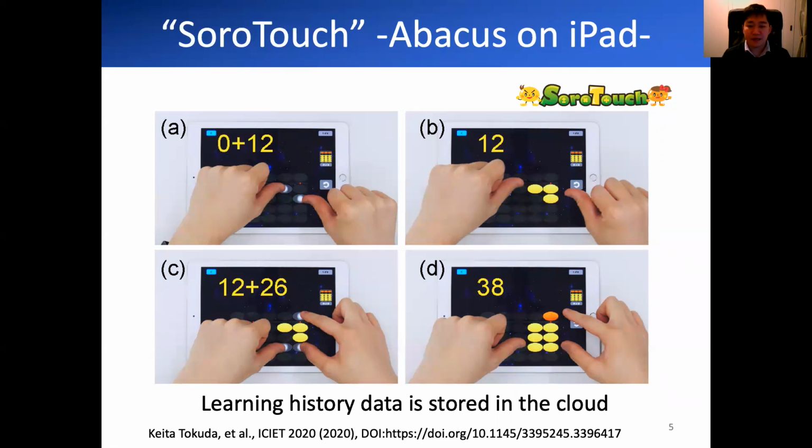The data of detailed operations of a student on this application is recorded in the cloud server in real time, whenever and wherever the student uses it. As a result, this system has accumulated students' learning history data of hundreds of thousands of times of calculations so far. So we could use this data for the student modeling.